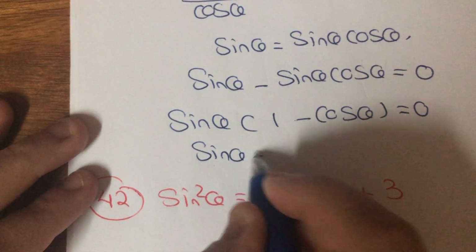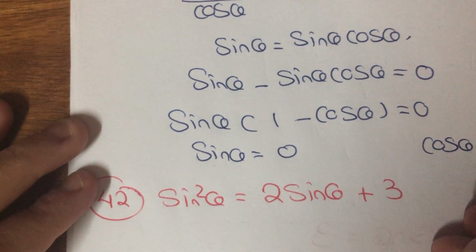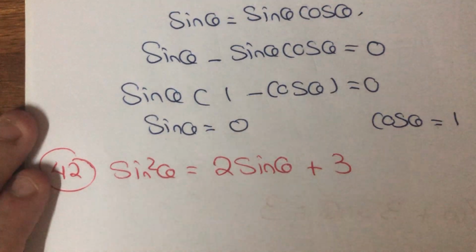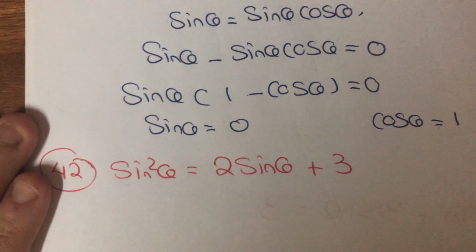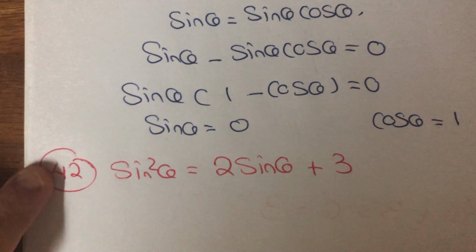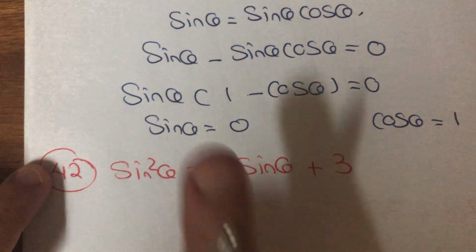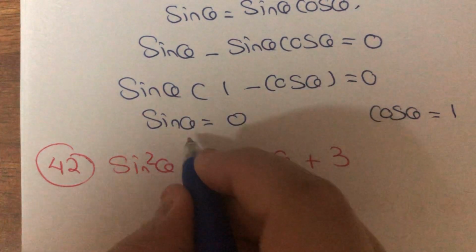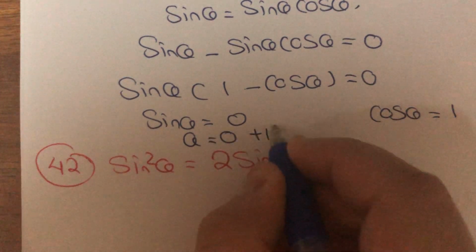Either sine theta equals 0 or cosine theta equals 1. Actually, not both of them are right. There are extraneous solutions, and your book expects you every time to substitute and check whether they are right answers or wrong. When is sine theta equal to 0? Sine theta is equal to 0 at theta equals 0 plus 180n.